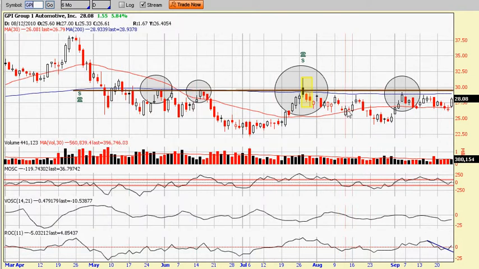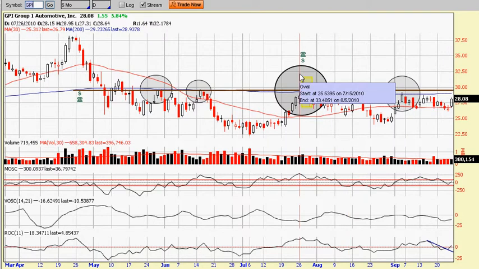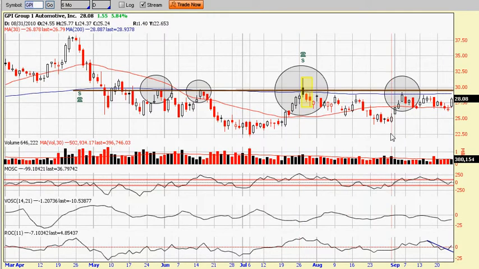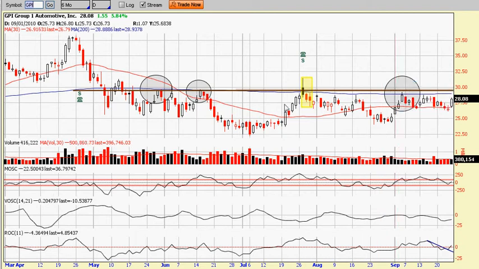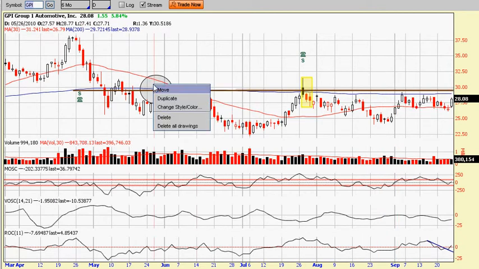Those are a little too shy for me. So the fact that this 29 mark was hit 4 times makes it a significant line. The more times that a resistance, as it's called, is touched, the more significance it gains.